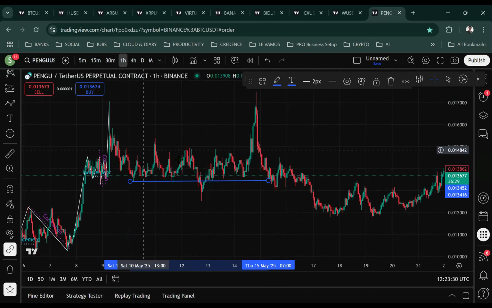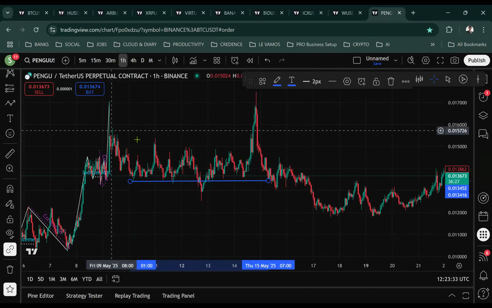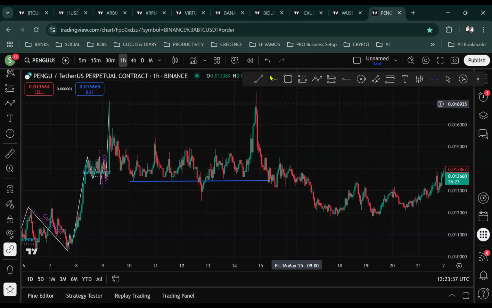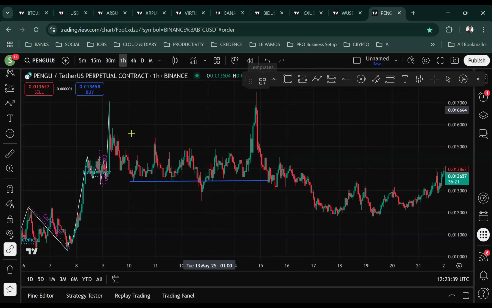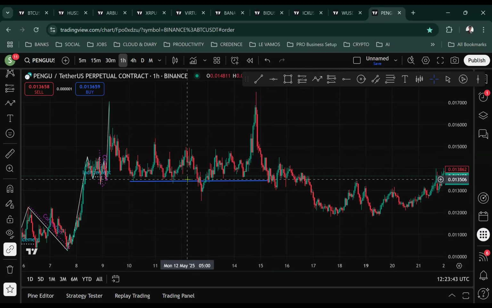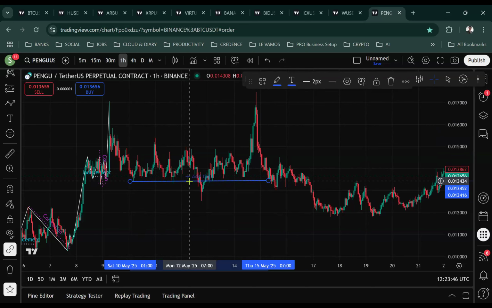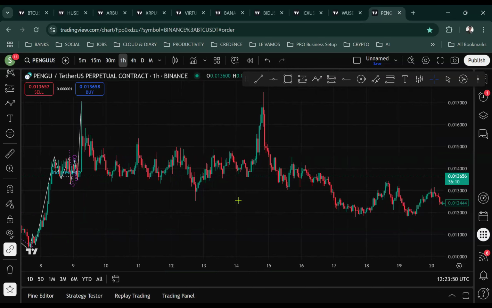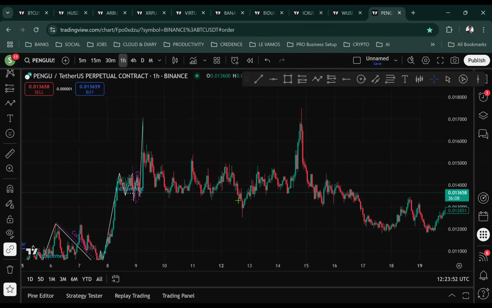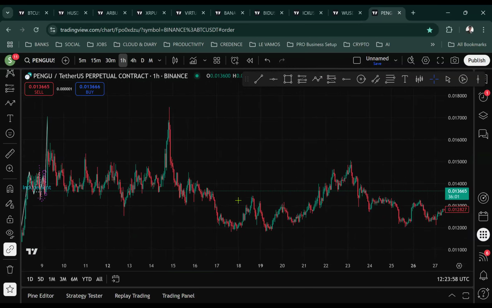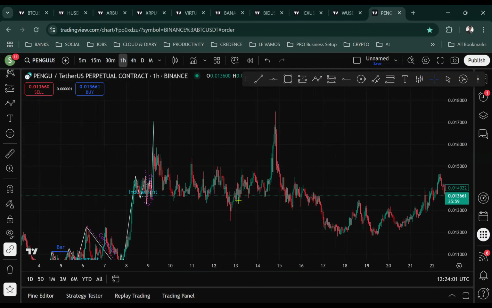Can we still consider this part of the downtrend, or is this sideways? If you notice something happened there and the trend changed from uptrend to downtrend, we're going to talk about trend change, how an uptrend changes to a downtrend, and how to identify it when it's happening.